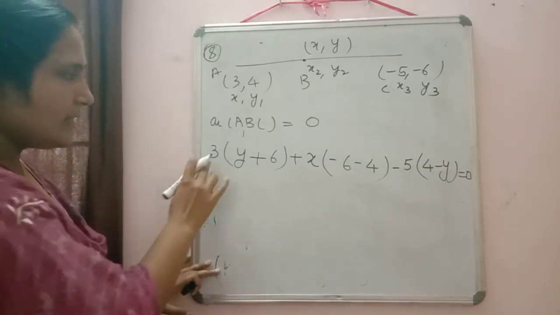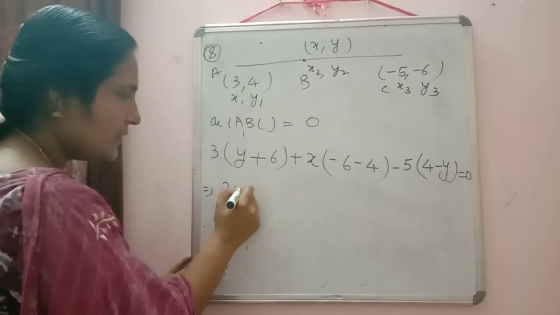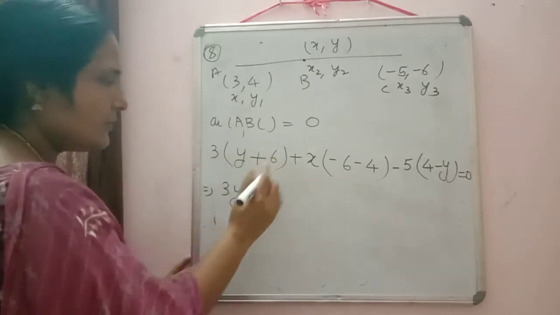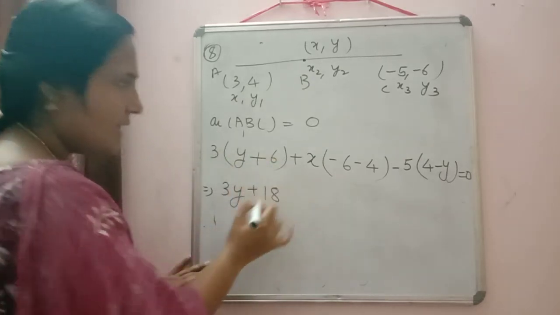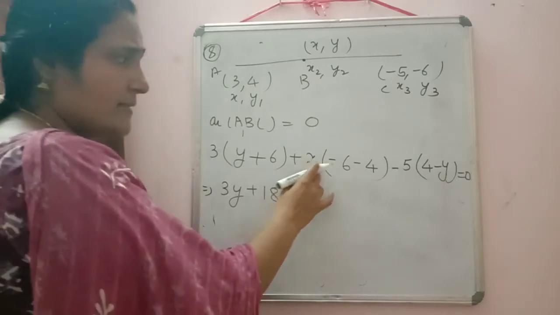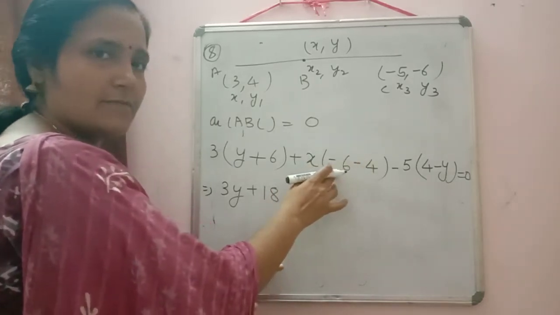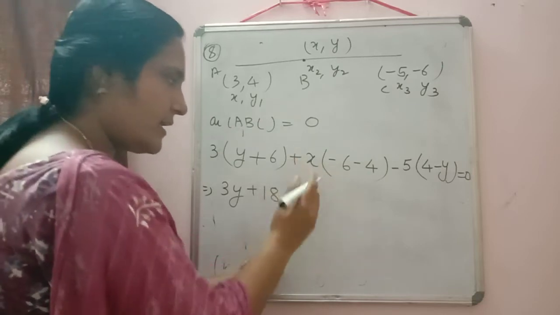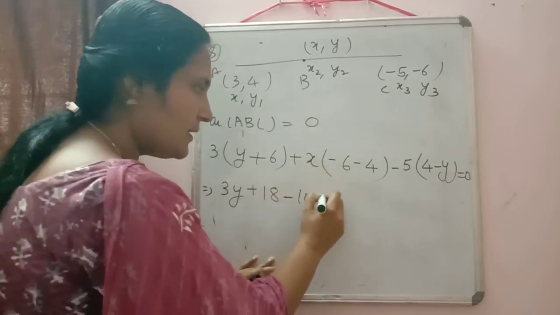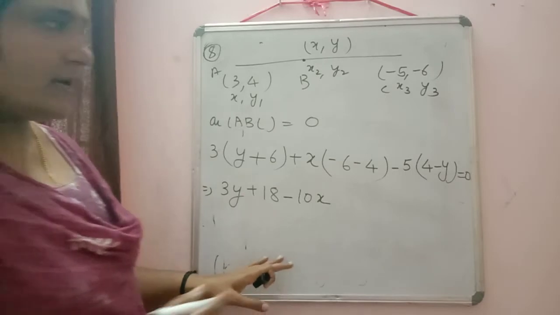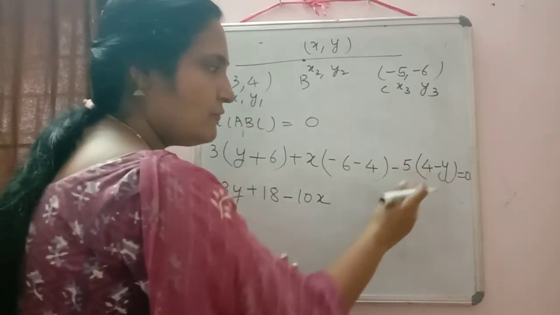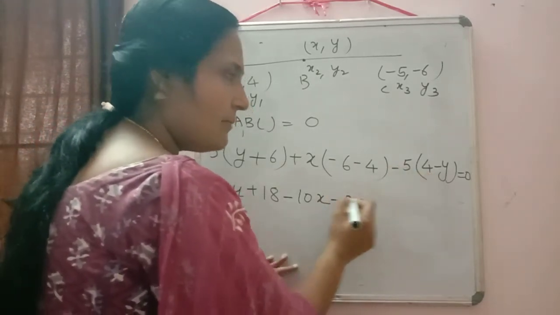Now we can simplify it. 3 into y will be equal to 3y. 3 into 6, 3 6s are 18. Don't multiply x here. First we can simplify these two. Minus 6 minus 4 will be equal to minus 10. And minus 10 into x will be equal to minus 10x. Here minus 5 into 4 will be equal to minus 20.